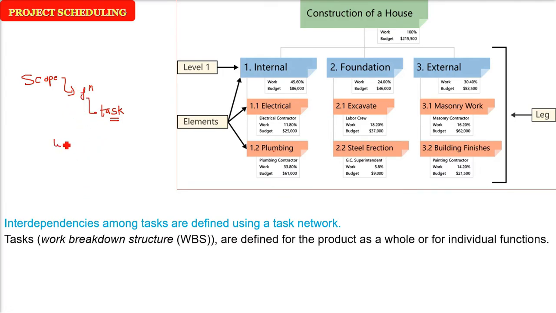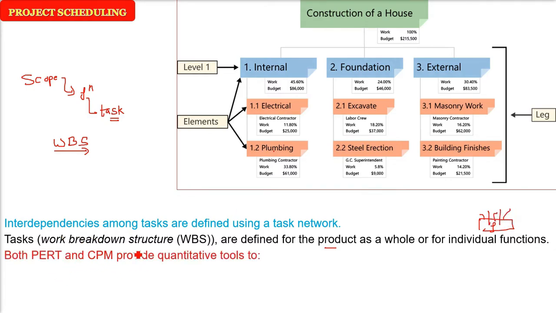First of all, we need to do the WBS, work breakdown structure. This WBS is defined for the product as a whole, or for the important individual functions. So for an individual function or a whole product, we divide it into 1, 2, 3 tasks so that they can be dealt with easily.